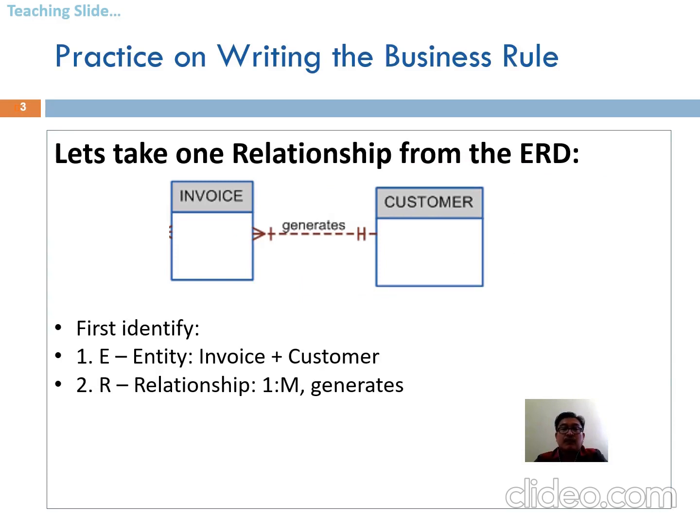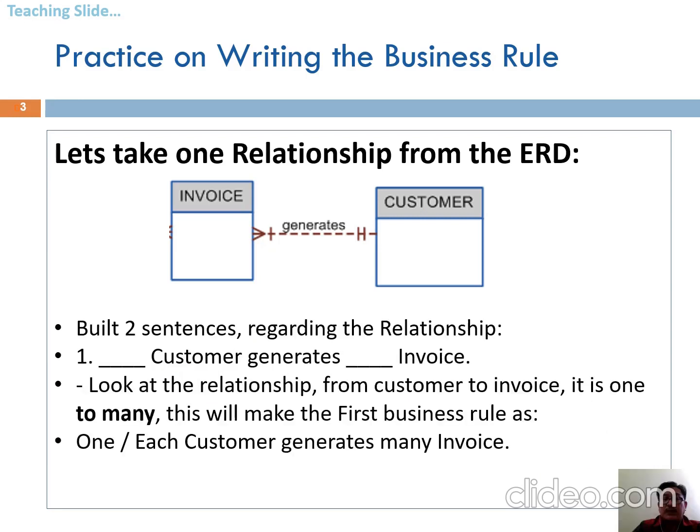The first thing when we want to write business rules is to identify the entity. So now we have invoice and customer, and then identify the relationship between them. Here it is generates, and the type of the relationship is one to many.